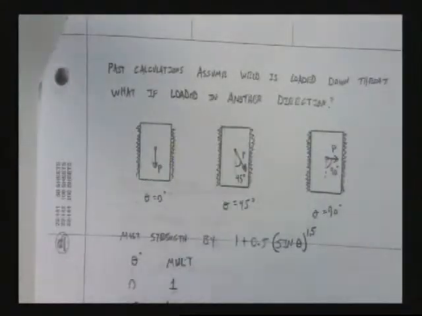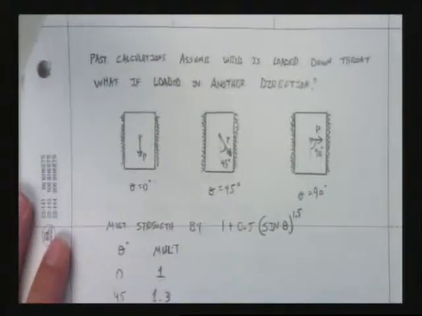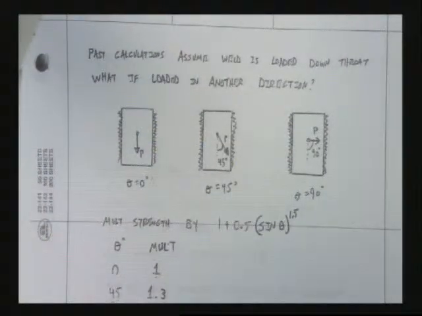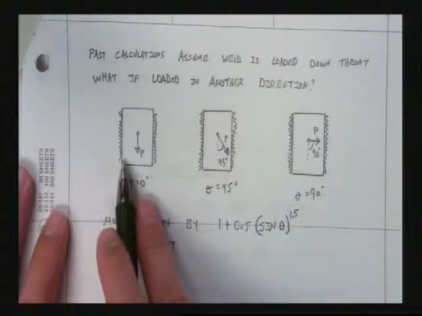Oftentimes when you look at welds in different directions, this is another semi-new addition, at least from when I was in your shoes taking a class like this for the first time. This is a modification to the code because the weld people are always looking to get every part of the market they possibly can. They're tired of losing money to the bolt people, and they said, you know what, we're designing all these welds to fail in shear, okay?